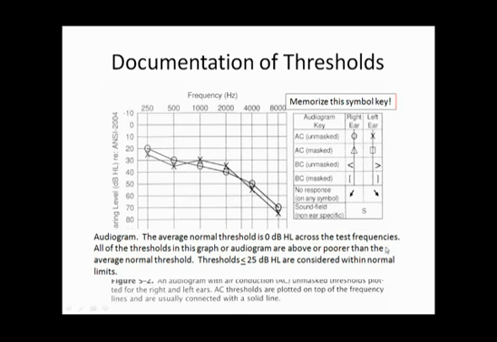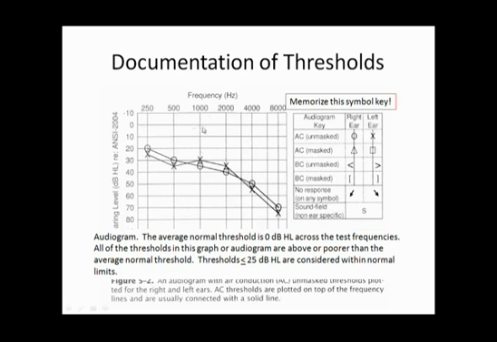The average normal threshold is 0 dB across test frequencies. All of the thresholds on this audiogram are above, or poorer than, the average normal threshold. Thresholds less than or equal to 25 dB HL are considered within normal limits. So we said something here that seems kind of strange. We said 0 represents average normal hearing, but by convention we're going to say anything 25 dB HL or lower is within normal limits.